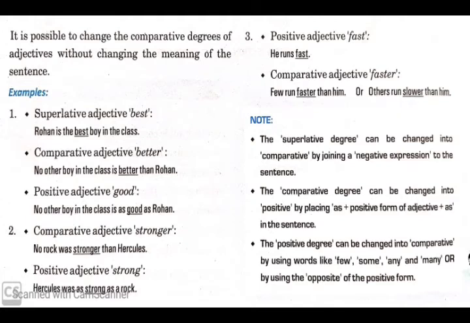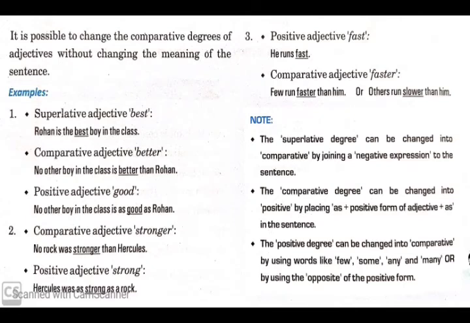It is possible to change the degrees of comparison of adjectives without changing the meaning of the sentence. For example, of a superlative adjective, best, Rohan is the best boy in the class. Now if we want to change it into comparative degree, means better, we can say that no other boy in the class is better than Rohan. Meaning would be same, that Rohan is best.